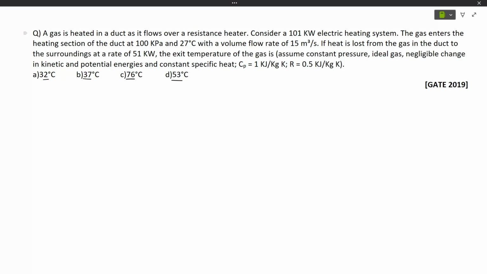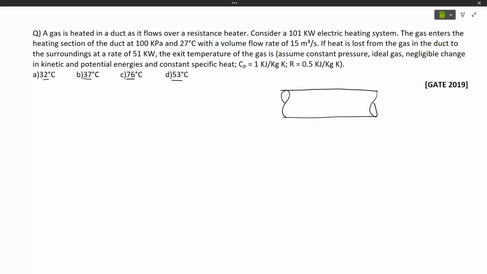Before we start solving the problem, let's briefly discuss the approach we will be using. First, let's draw a duct as per the question. So this is a duct.